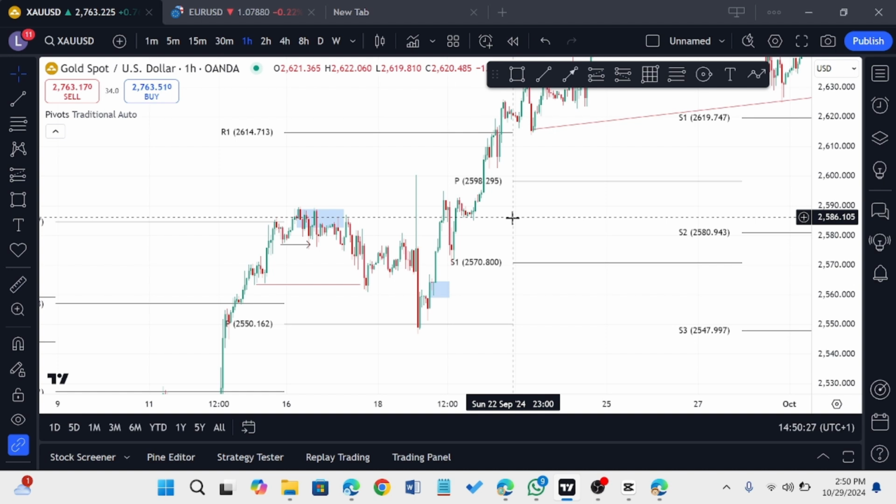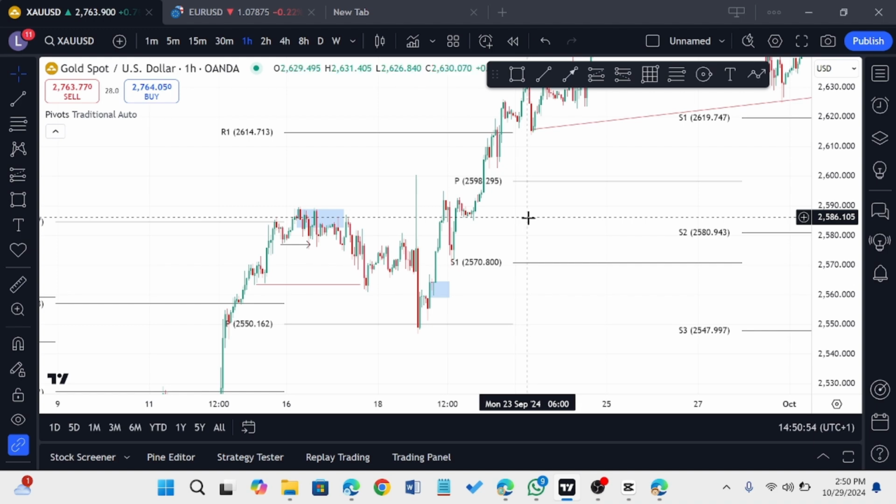So the next strategy you can use to trade the pivot is the breakout strategy. The breakout strategy, like the name sounds, is to capitalize on strong momentum that often follows a break of a key pivot level. So when price decisively breaks through a pivot point, traders enter in the direction of that breakout.